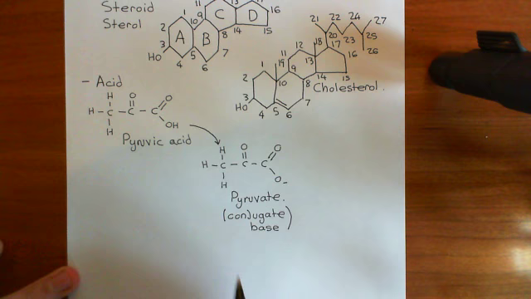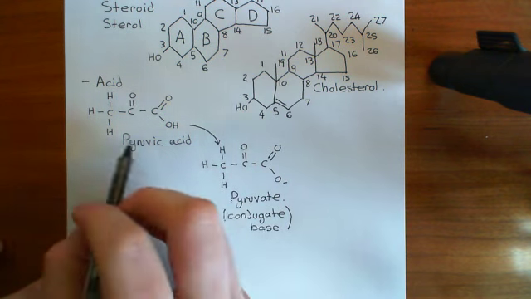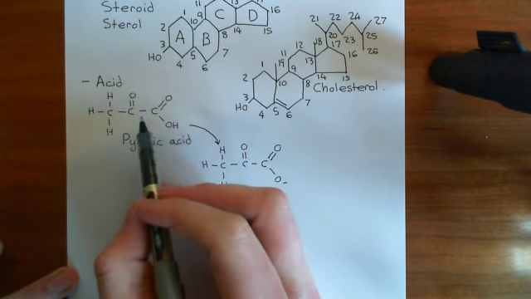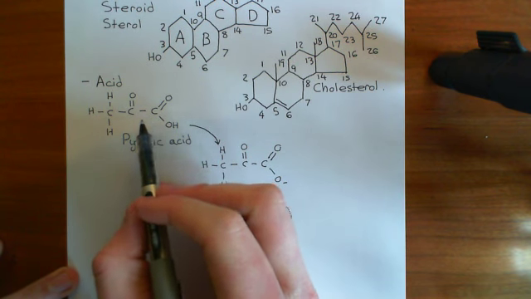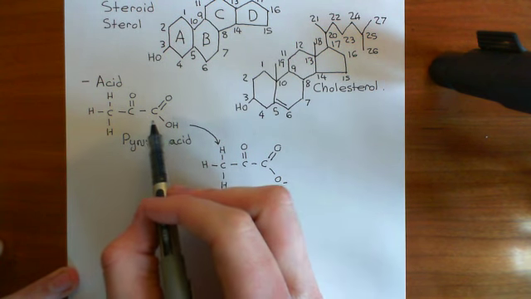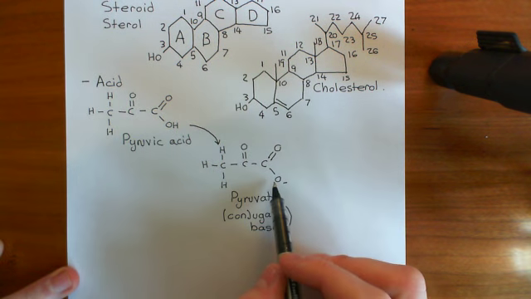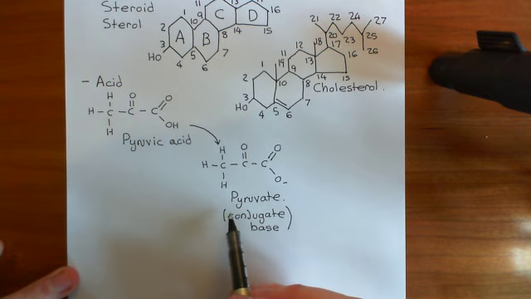Okay, right, so we're going to see this sort of thing happening all the time. We're going to be working with acid molecules, and these acid molecules within the normal physiological pH of cytoplasm will actually donate their proton away and become the conjugate base.